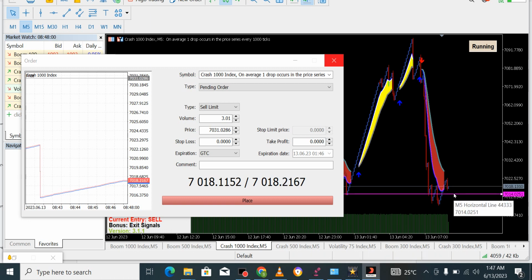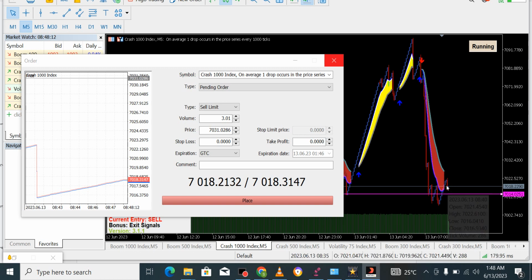If you are setting it somewhere below the action price, it is meant to activate a buy order for you. That is why sell stop will work for that, because it will stop sell and activate a buy order for you.